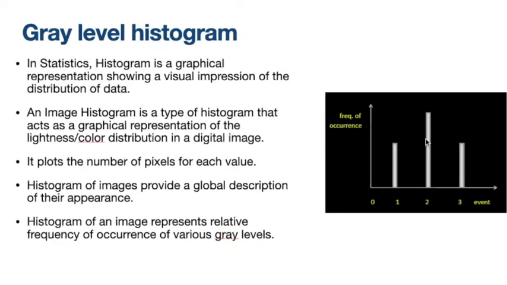It graphically represents the color distribution in a digital image. Histograms of images provide a global description of their appearance, and the histogram of an image represents the relative frequency of occurrence of various gray levels.